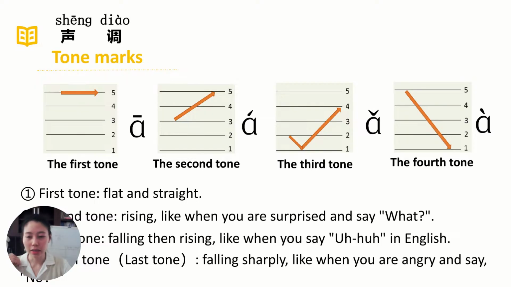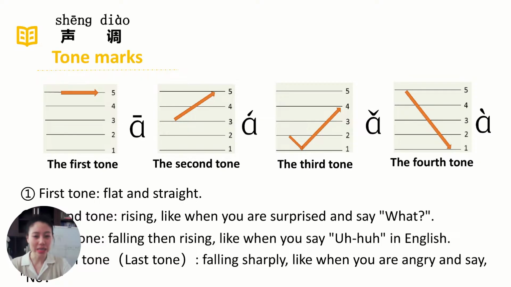The next one is the second tone, right? The second tone goes up, so we're going to raise the tone. For this pronunciation, we have a trick for you to remember it or pronounce it more standard.